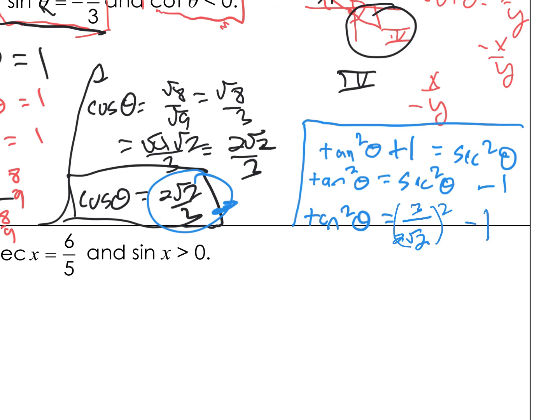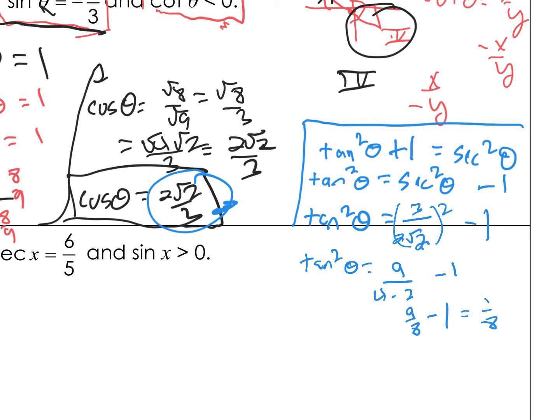Now, I know it's not rationalized, but it's okay because I'm squaring it. So tangent squared theta is 3 squared is 9. 2 squared is 4, and the square root of 2 times square root of 2 is still a 2, minus the 1. That's 9 over 8. 9 eighths minus 1. Well, 9 eighths minus 8 eighths is the same thing as 1/8.